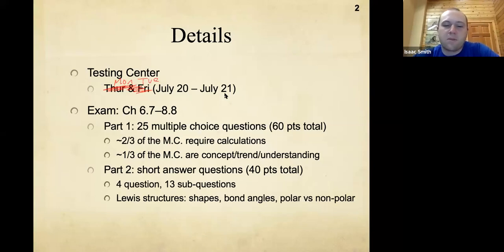So really there's 38 questions on the test, 25 multiple choice and 30 sub-questions short answer. When you open the test, it'll say there's 75 questions, but that's just because I have to manipulate the short answer questions so that they can be done online.